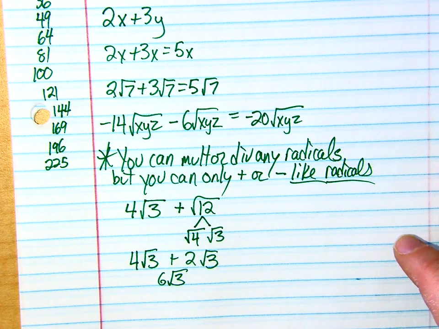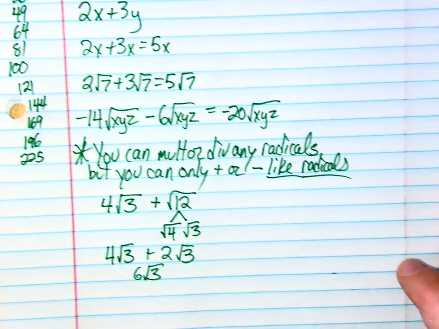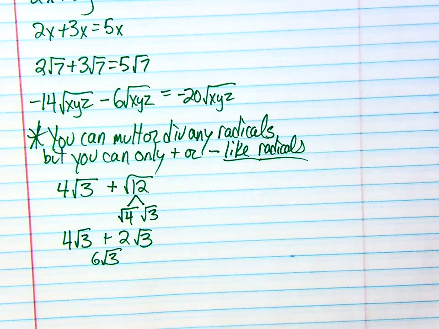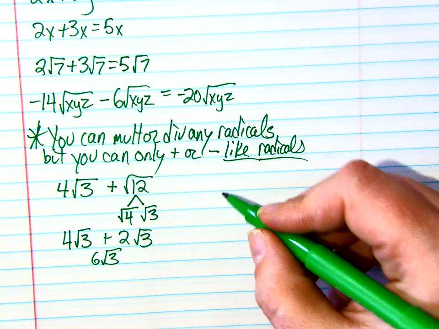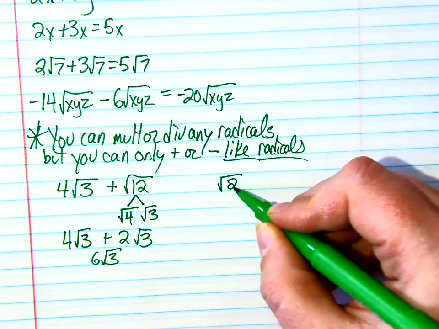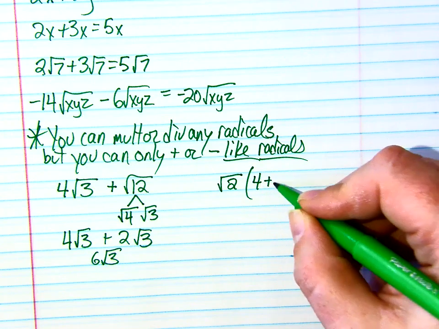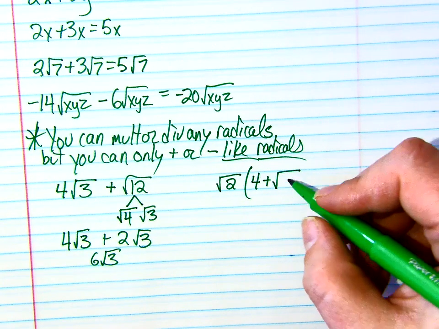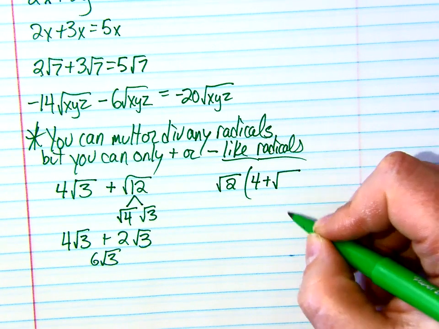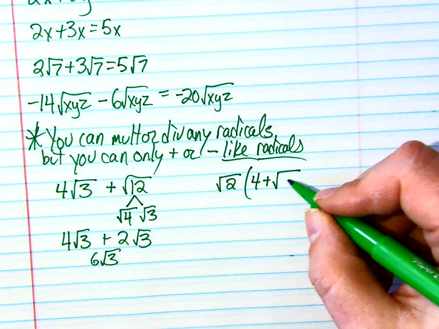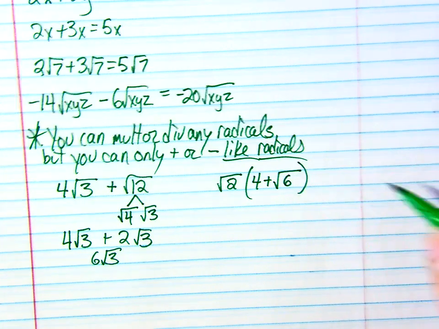Okay, so let's put together a multiplication and an addition one. What if I asked you to do the square root of 2 times, how about 4 plus the square root of 6?